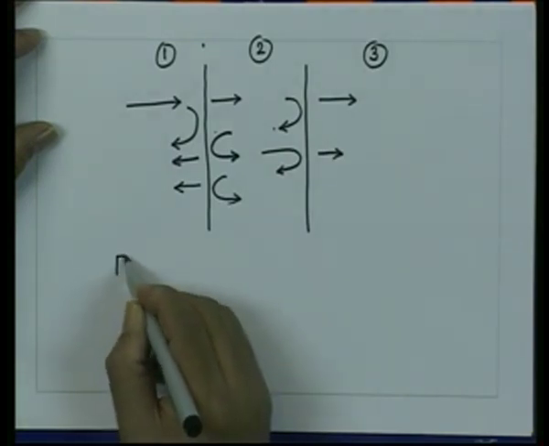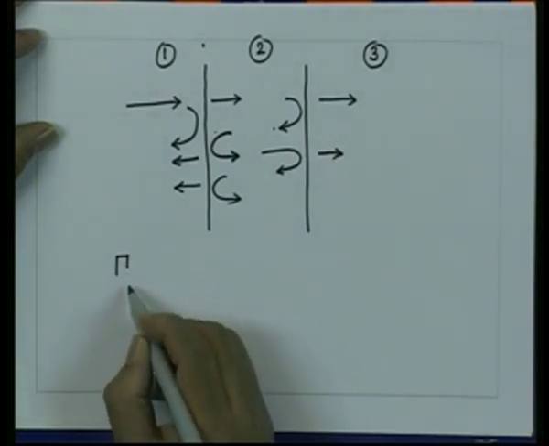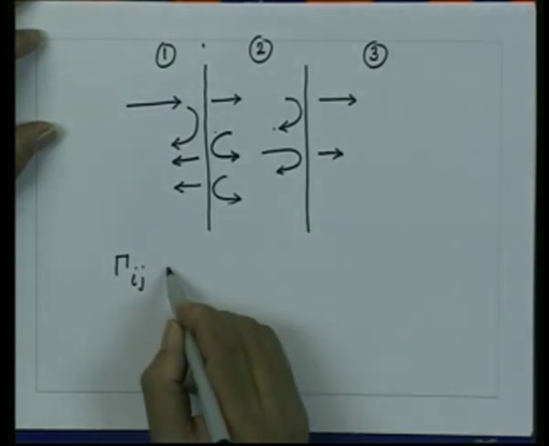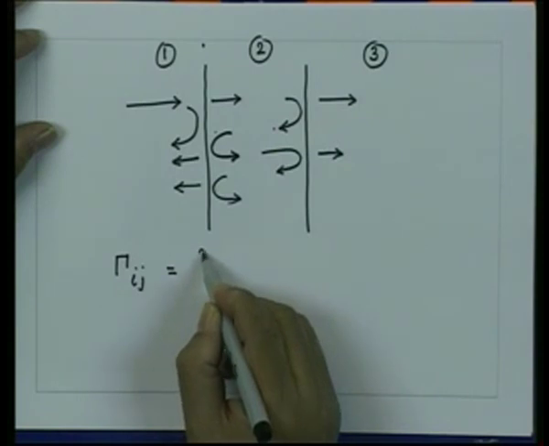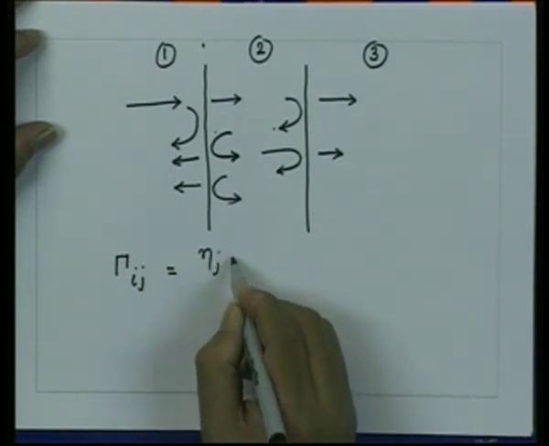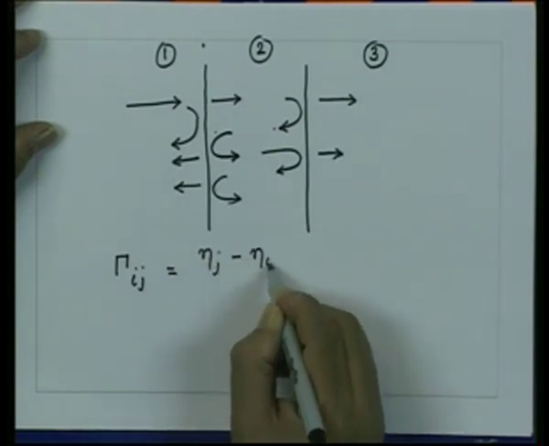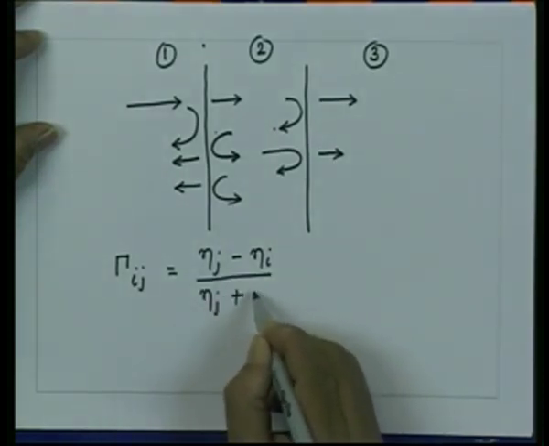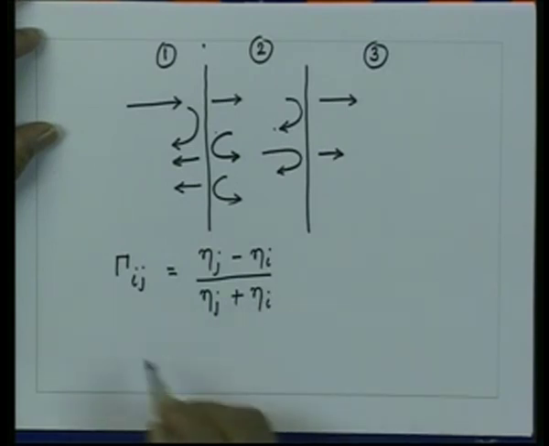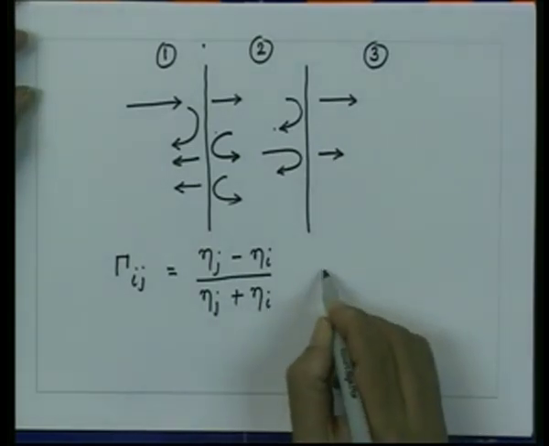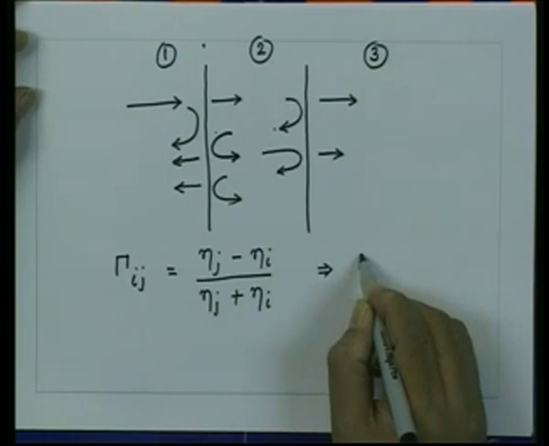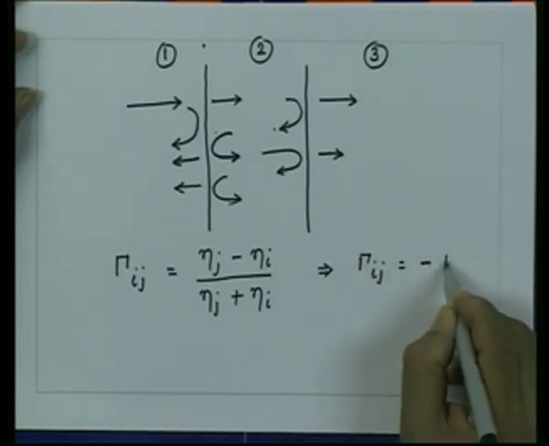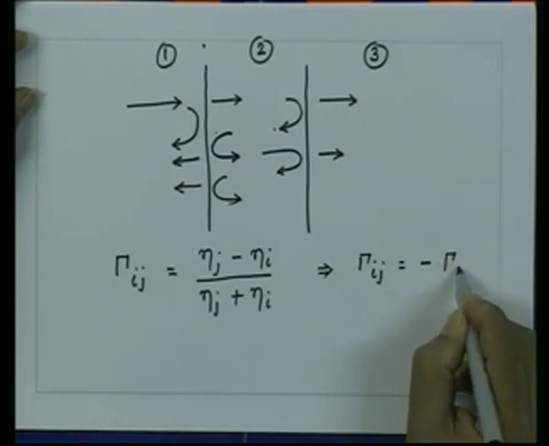Let us say the reflection at an interface ij is the impedance of medium j minus the impedance of medium i, divided by the impedance of medium j plus the impedance of medium i. From here we get gamma ij is equal to minus gamma ji.